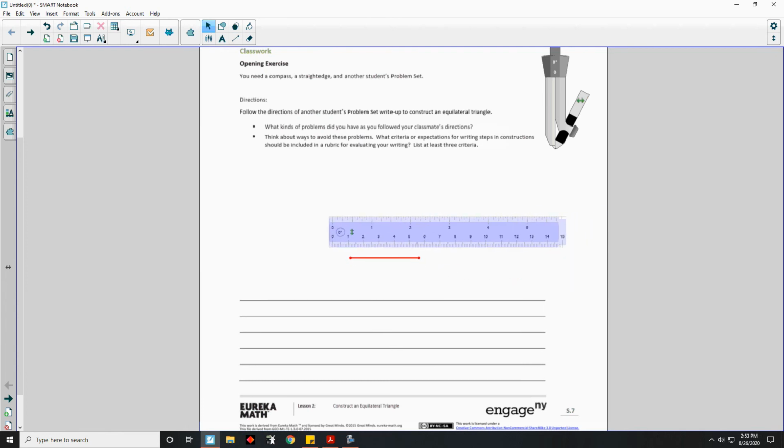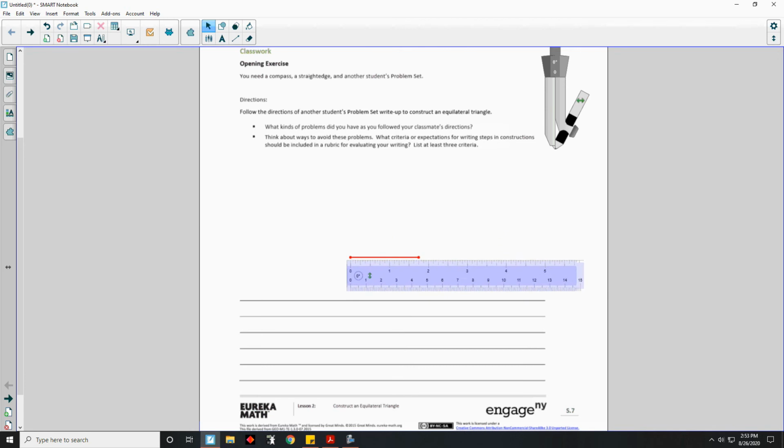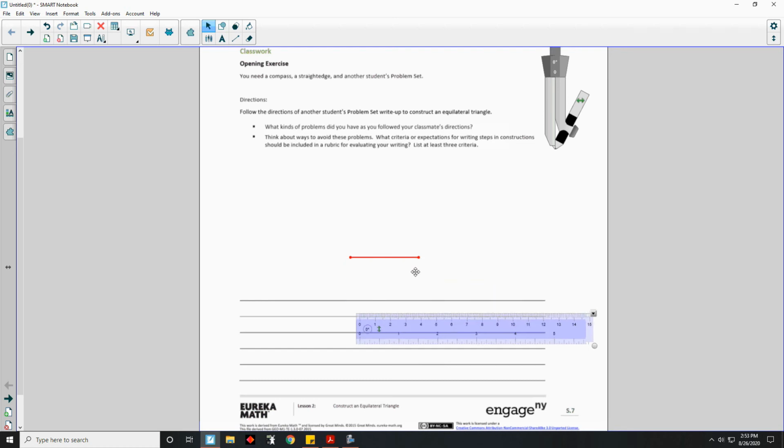That segment is 1 3/4 inches long. Actually, I prefer using metric, so let's flip it over: 45 millimeters. So you would have drawn that with your straight edge, and then label each end A and B.